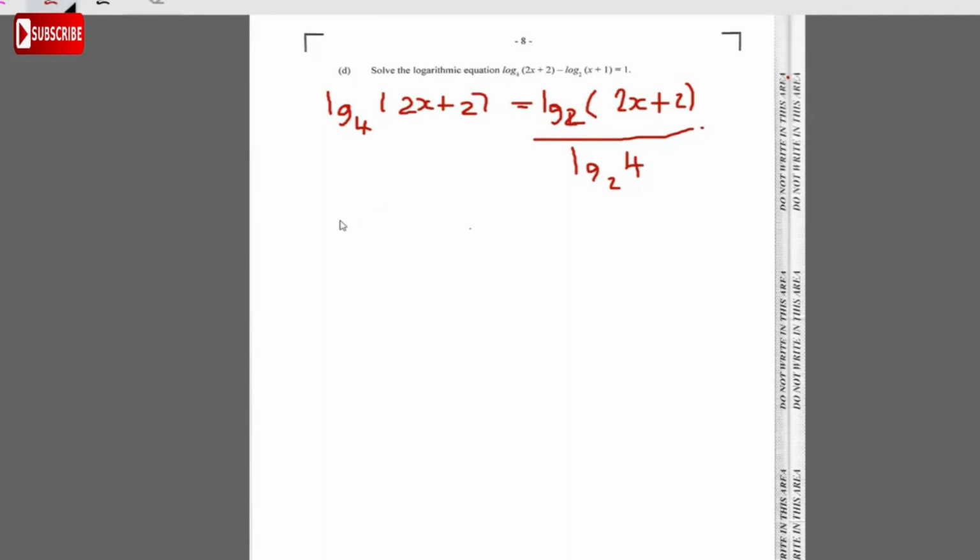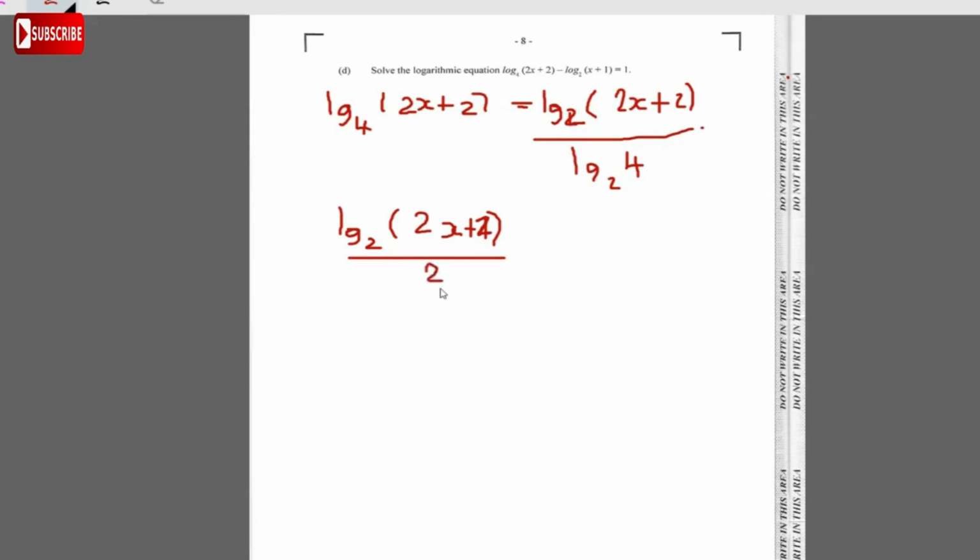So this becomes log to base 2 of 2x plus 2 divided by 2.